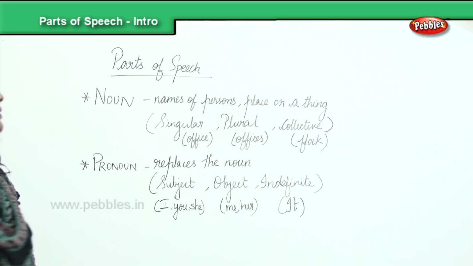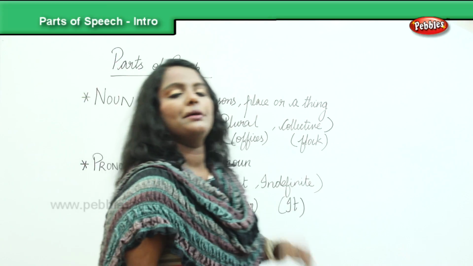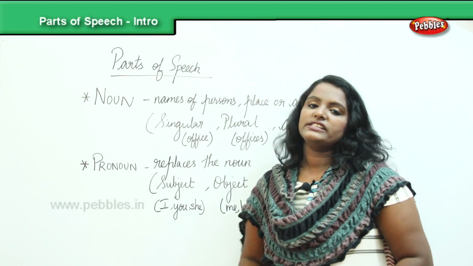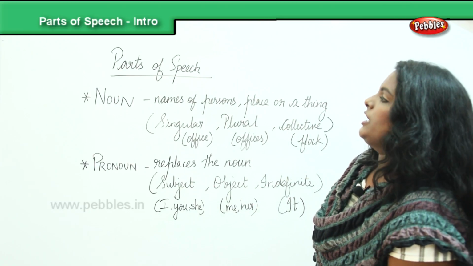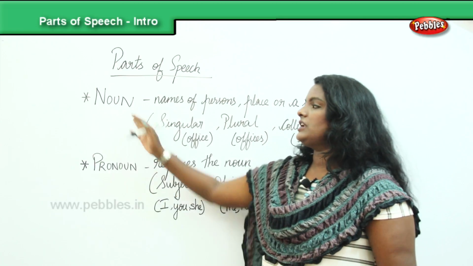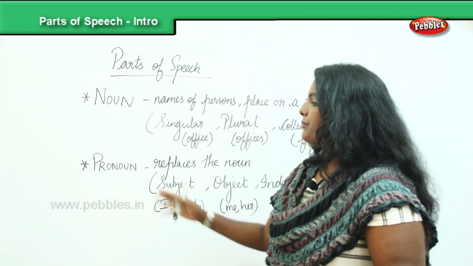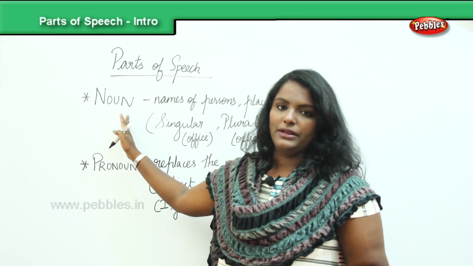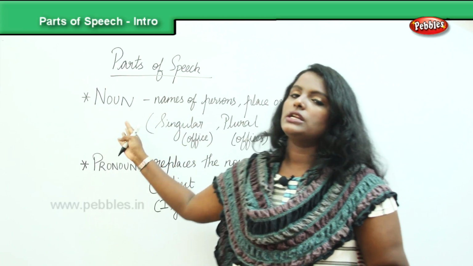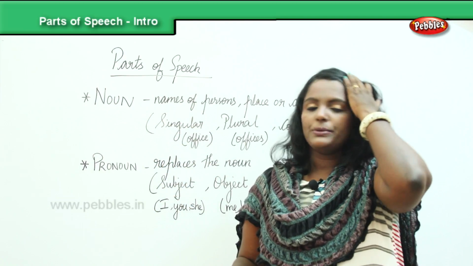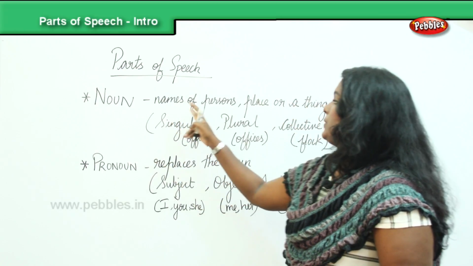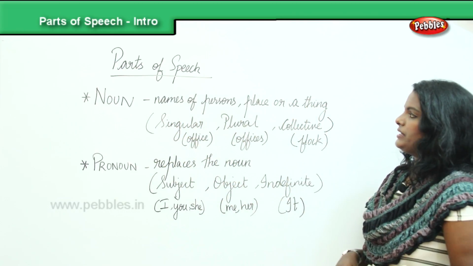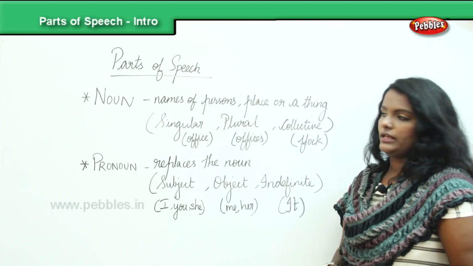Let's go through the noun and the pronoun once again. Imagine the parts of speech as an English family, and consider noun to be the father and pronoun to be the elder son. He takes the sole responsibility of the family. Similarly, without a noun, it is very hard for a proper sentence to exist. So the noun consists of the names of the person, place, or a thing.